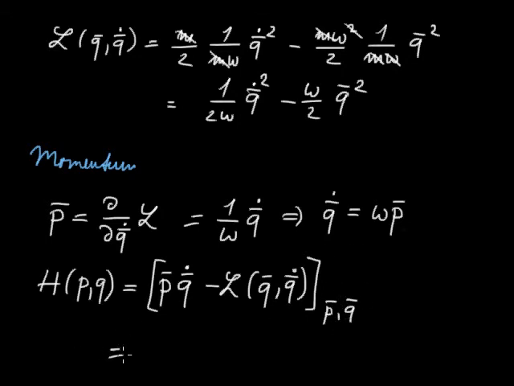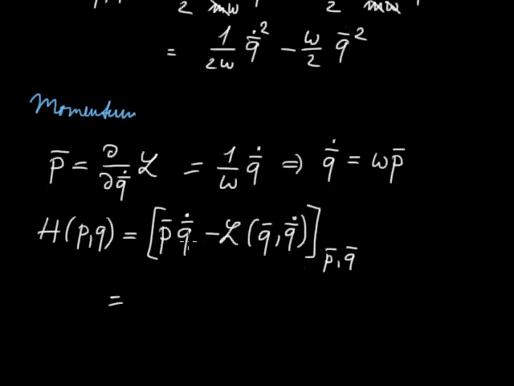So when I use this definition of the Lagrangian, this definition of the p here, and replace all the q bar dots by the corresponding p, I'm getting the following. First, p multiplied by omega p minus, from this term, 1 over 2 omega times omega square p bar square, plus the last term, which is very easy.